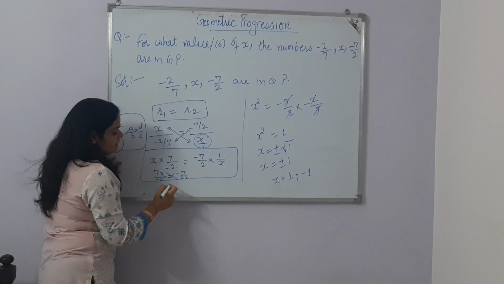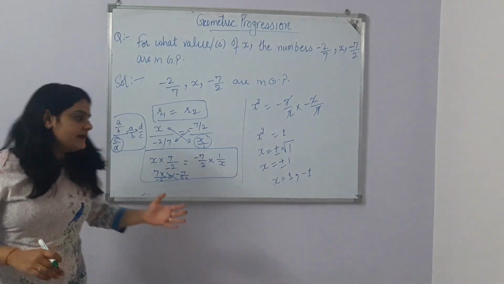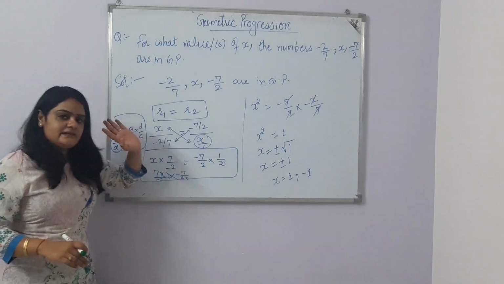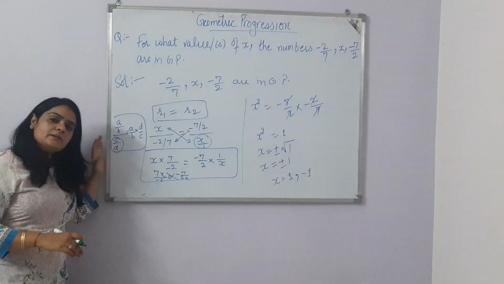After cross multiplication you will get the answer, which is the same: x equals 1 and -1.